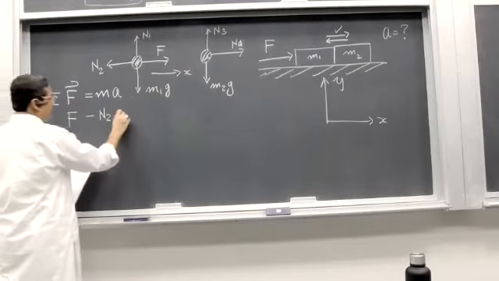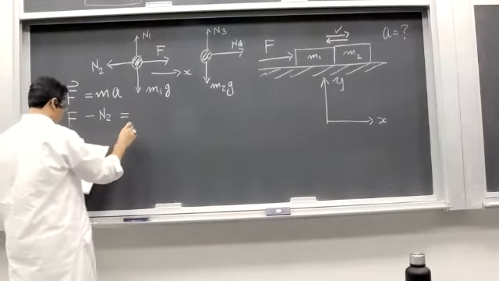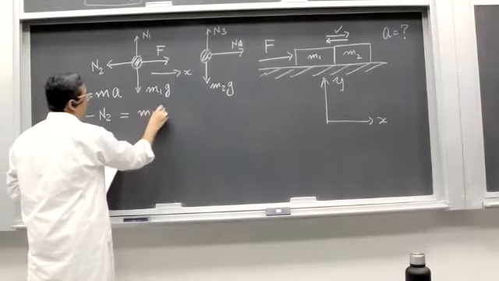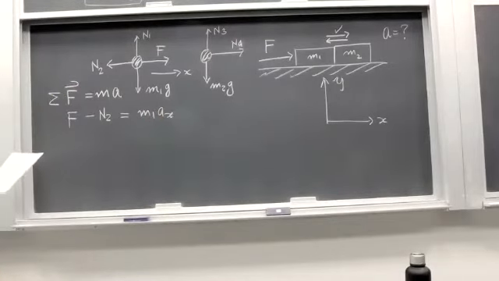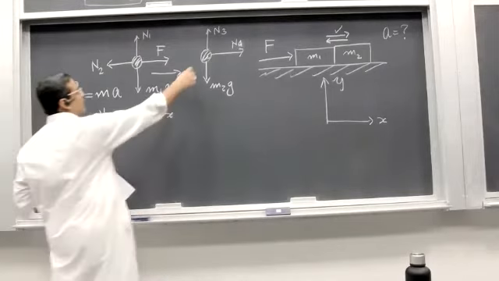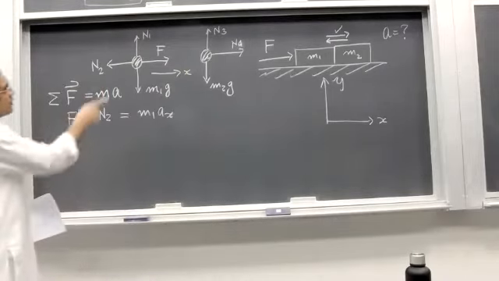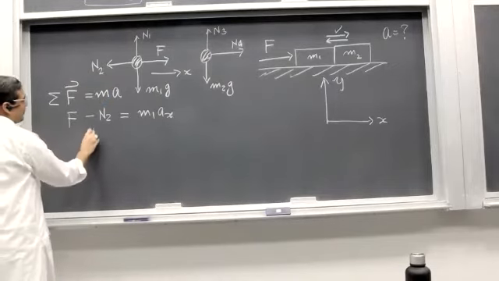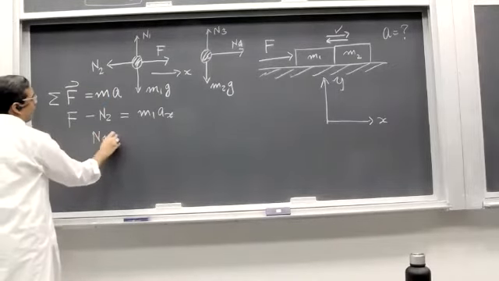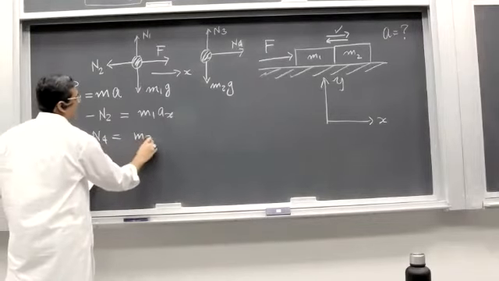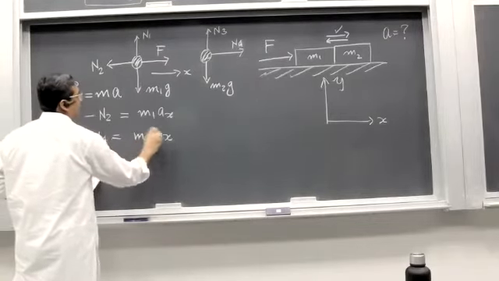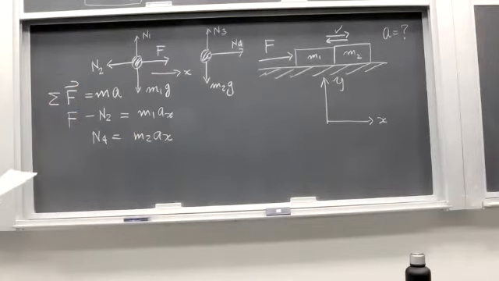And that would be equal to M1 AX, acceleration in the x direction. Okay. Now let's write the same equation for this object. There is only one force acting along x-axis: N4 equals M2 AX.